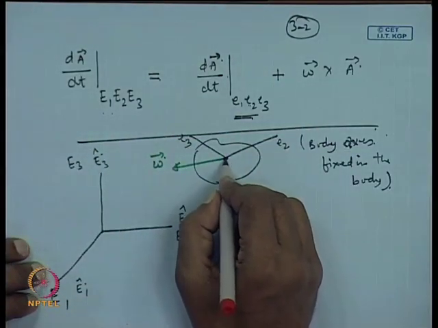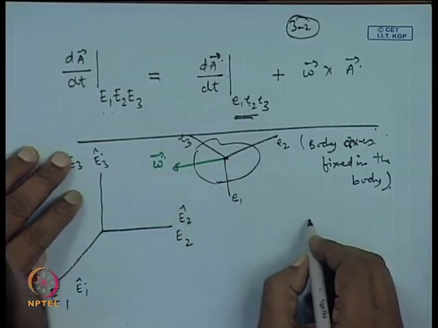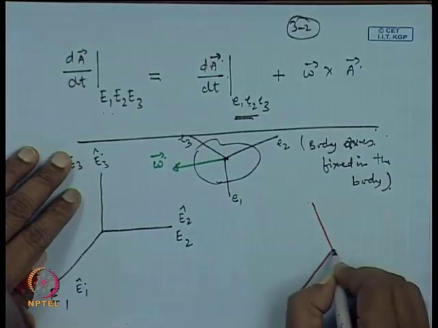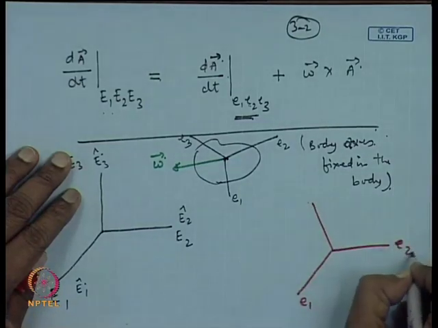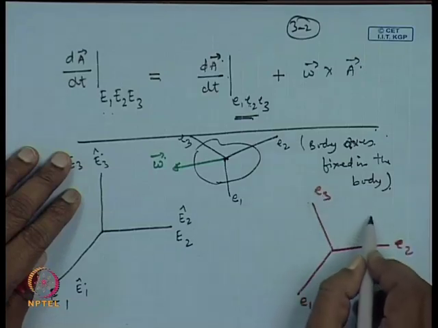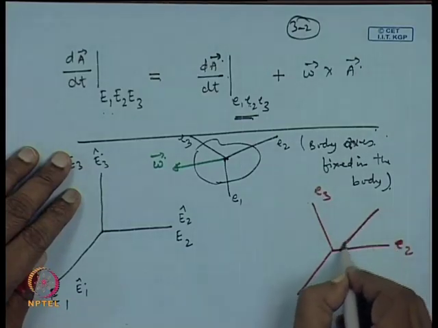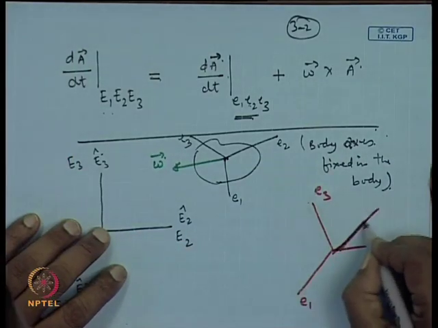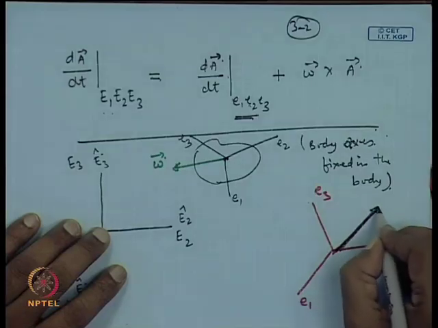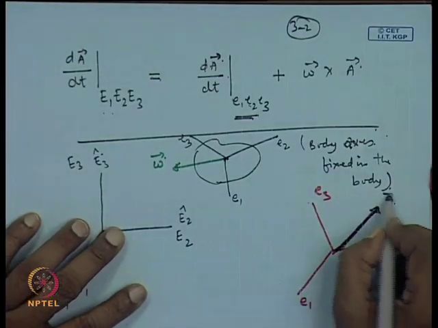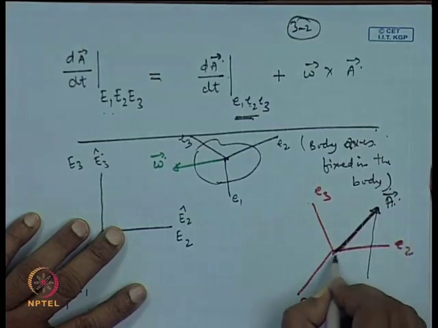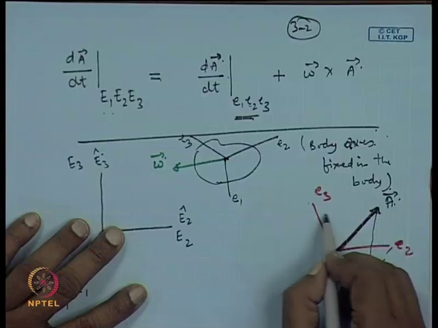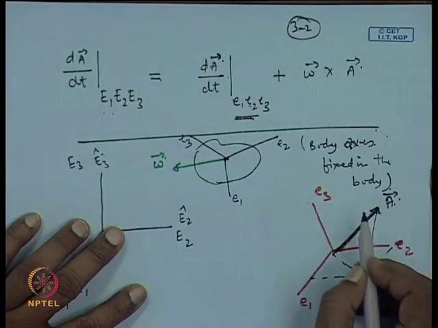In this body we can take a vector. We will make a separate figure here for that. Let us say this is our E1, E2 and E3, and you have a vector A whose coordinates can be determined in this reference frame.